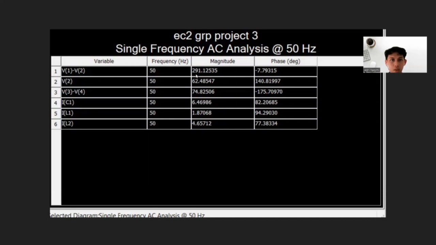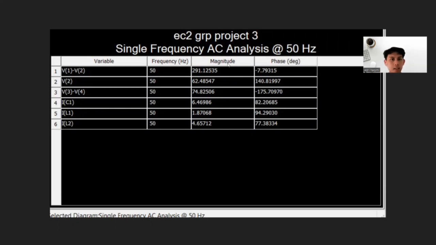From the simulation we get 291.113, and the phase is negative 7.79. For the calculation, we get 291.04, and the phase is 172.22. There is a slight difference between the simulation and the calculation values, but the tolerance is below 5%, so I think it is still acceptable.